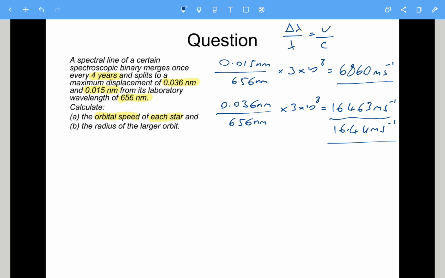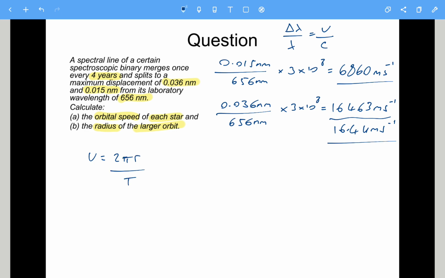Then we need part 2, or B, which is the radius of the larger orbit. The time period of these stars is exactly the same, so it makes sense intuitively that the one that's moving fastest must be further out to have the same time period. So we're going to use v equals 2 pi r over t.